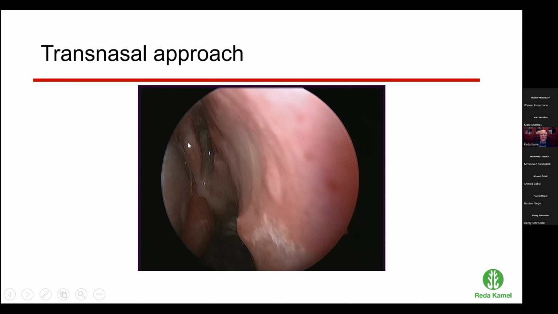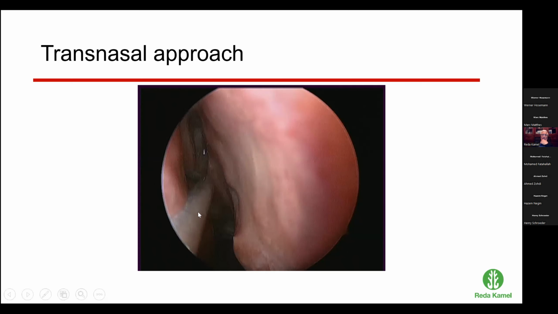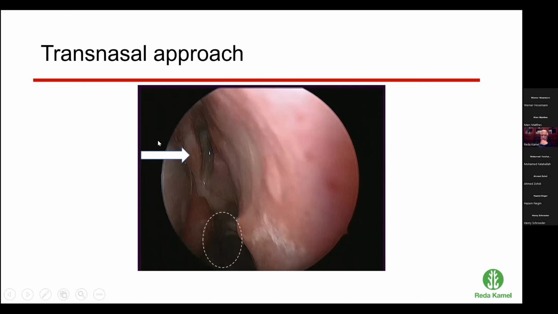The superior turbinate is a very tiny structure, very small, but at the same time, it's very important. It is a very important landmark to the sphenoid sinus ostium.